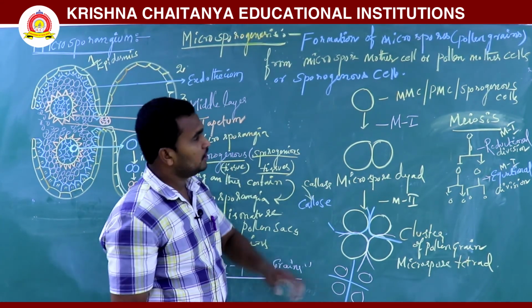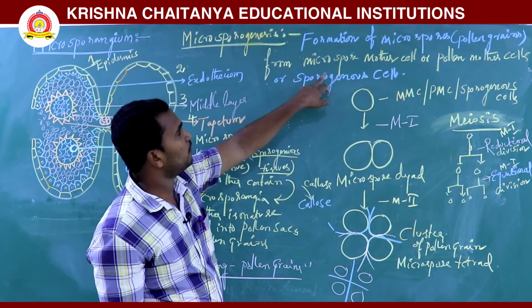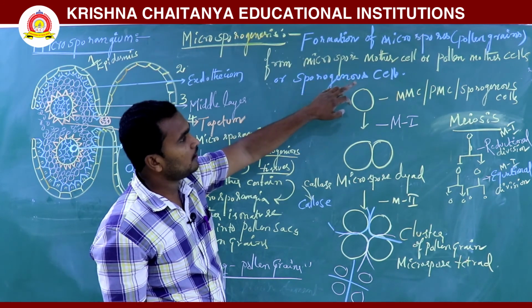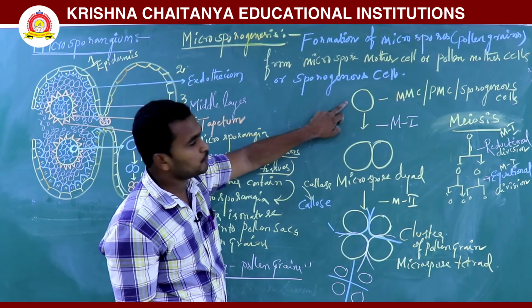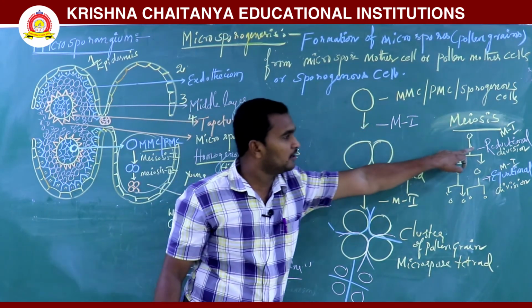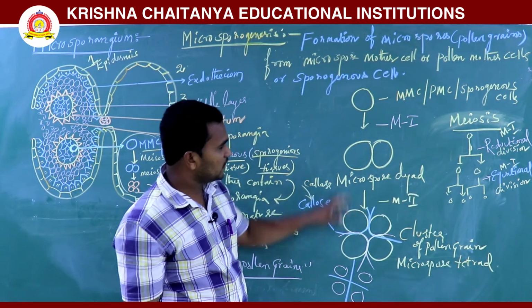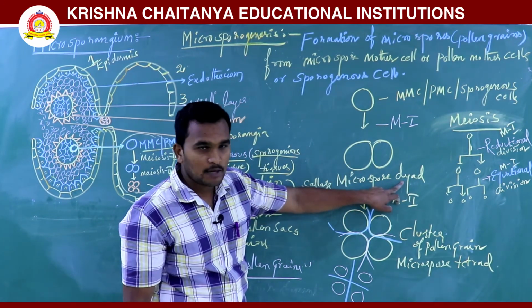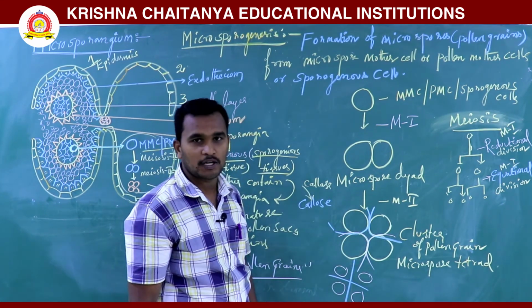Once more, microsporogenesis is the formation of microspores from the microspore mother cell, or pollen mother cell, or sporogenous tissue. This is the MMC. The first meiosis is reductional division, and the second meiosis is equational division. First the dyad, 2 cells, is produced. Next are 4 cells, called a microspore tetrad.